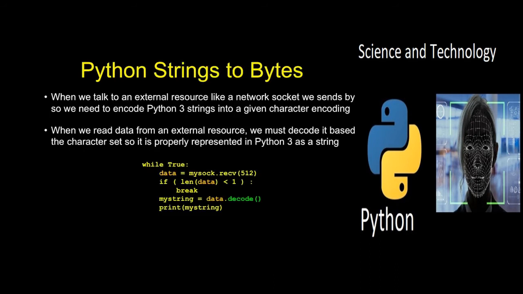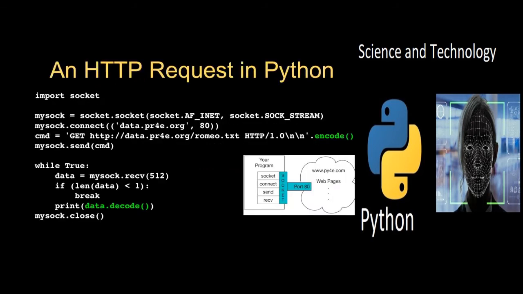And so if we are going to take data that comes off of the network in bytes, then we have to make sure that we interpret it or decode it in the right way so that internally the strings, which are Unicode, are properly represented. And so that's why when we read data in from a network connection like a socket, we have to say, hey, decode it. Now there's a couple things going on at that moment of decode. And so this is where we're doing it.